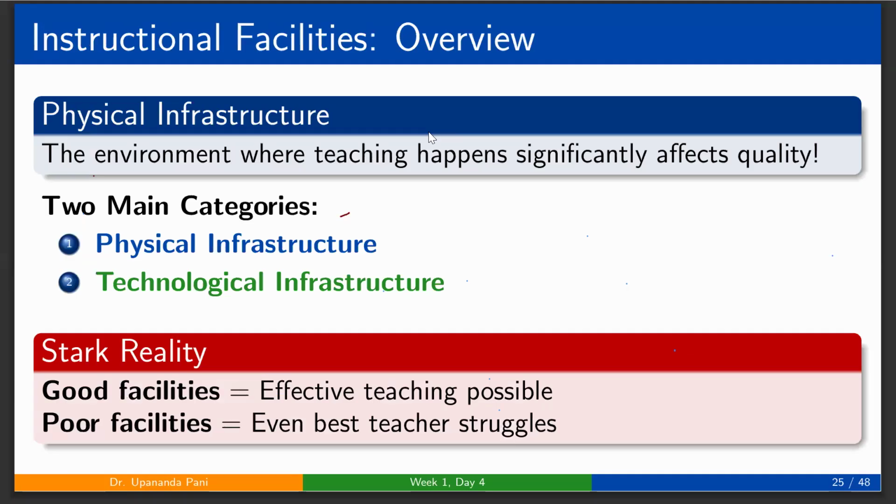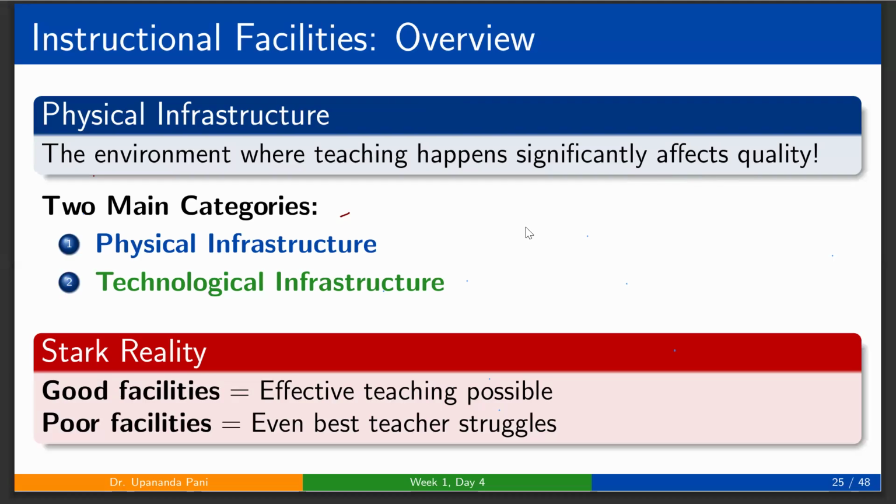Now next is instructional facilities. These are also a very crucial part, because without physical infrastructure, you will not be able to do anything. The environment where teaching happens significantly affects the quality. Suppose, for example, our college versus IIT versus IIM.